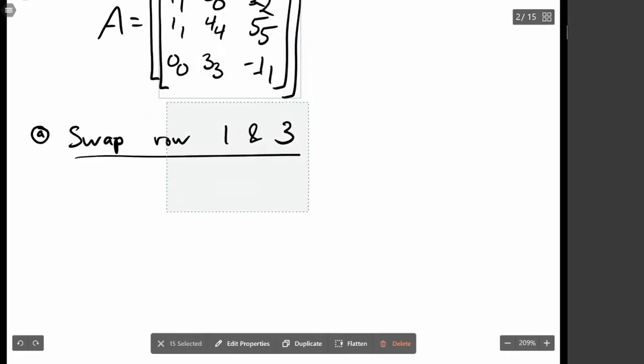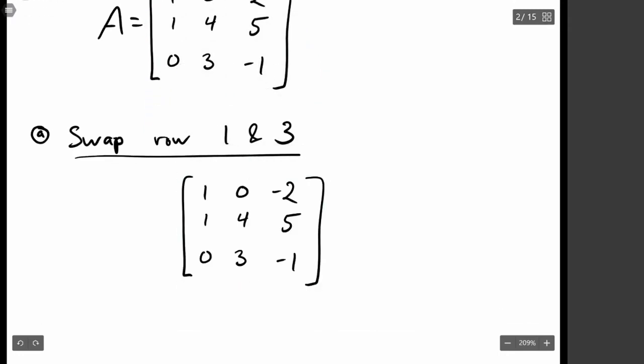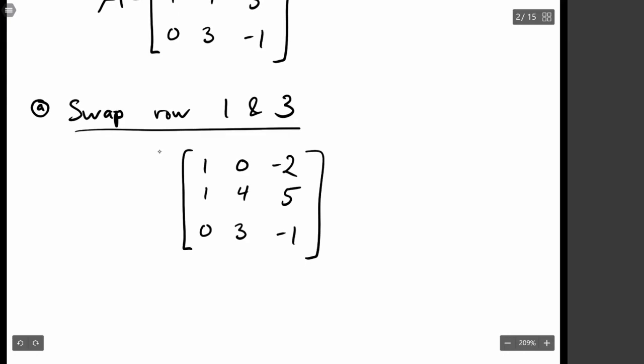This is A. And we're going to write down the elementary matrix which swaps rows 1 and 3. To do that, we just take the 3 by 3 identity matrix and swap rows 1 and 3.